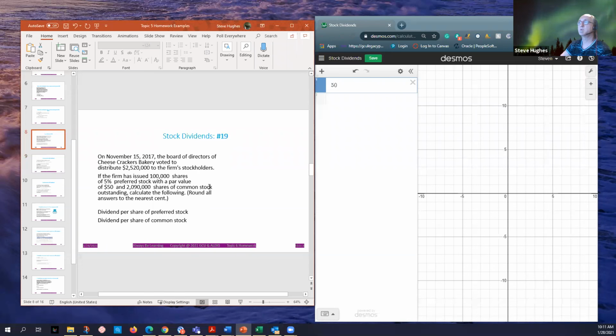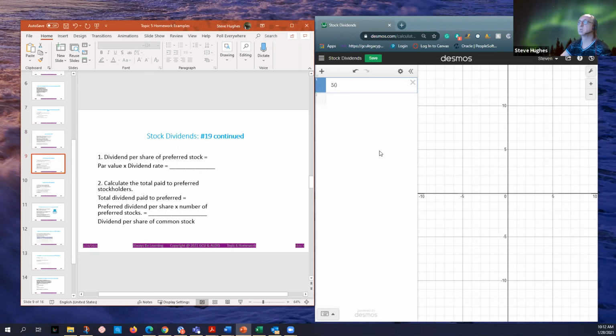What does it say the dividend rate is? 5%, right? So that is a rate of 5%. So times 0.05, that is 2.5. All right, so this is 2.5.